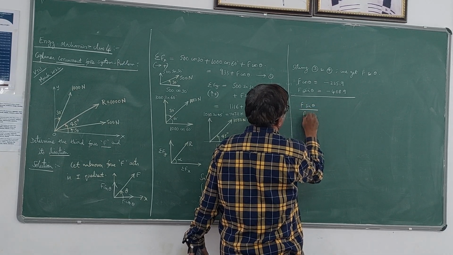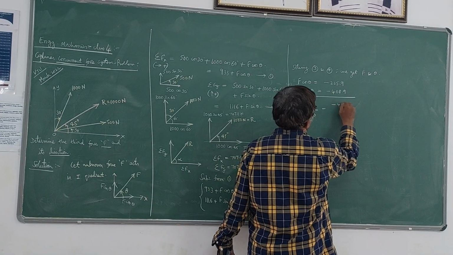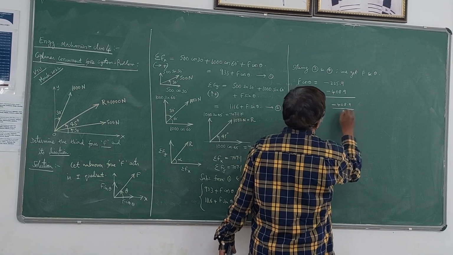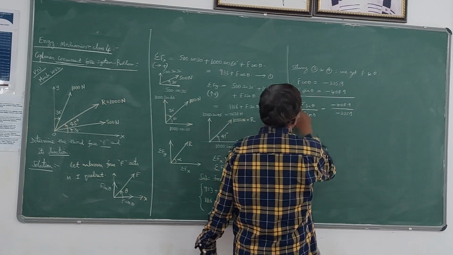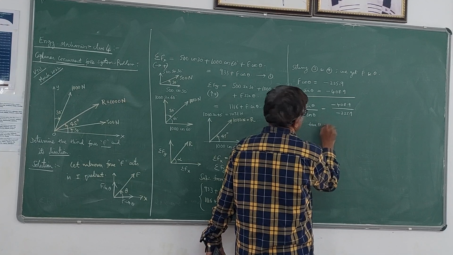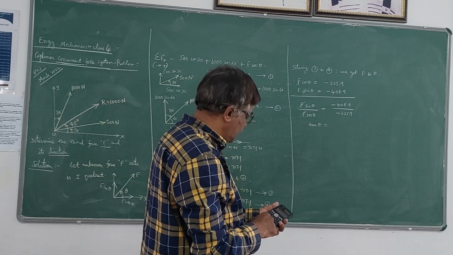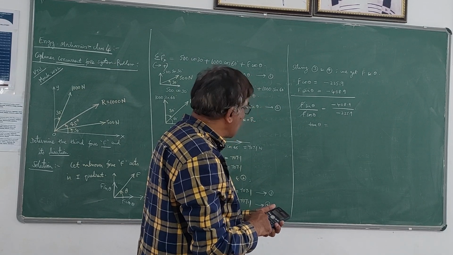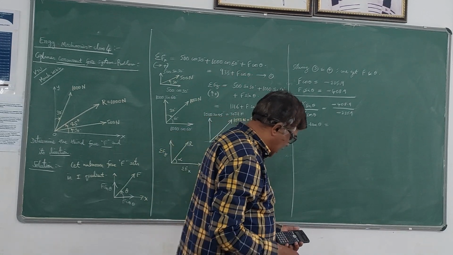So F sin theta divided by F cos theta will be equal to minus 408.9 divided by minus 225.9. Here F can be cancelled out. So what you will get is tan theta, since sin theta by cos theta is tan theta. The minus becomes positive, so you will be getting tan theta as 1.81.